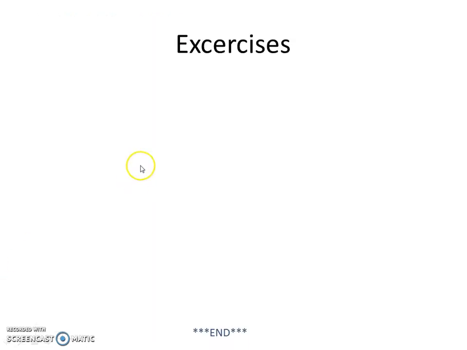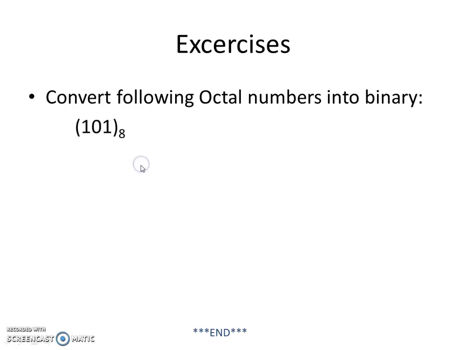Now here are the exercises. You will convert this 101. Actually this is octal, but you can get confused why 101. You can understand that these are binary digits, but these are written in octal, so you will convert it into binary. 101 will be something else in binary because I have mentioned here octal, so it is confirm octal.